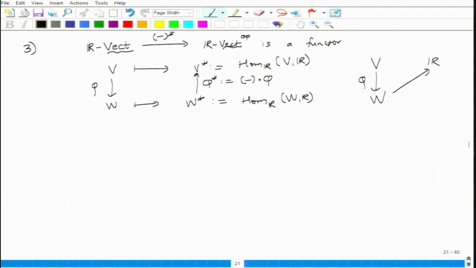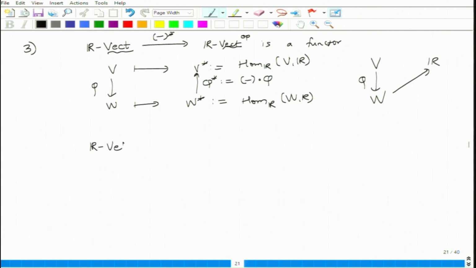So I am going to compose this functor with another copy of itself, which I can always do. Dual is a functor from R vec to R vec op, or equivalently R vec op to R vec. Doesn't matter where I put op, there should be at least exactly one op. Okay, so therefore double dual is valid, and I am going to write this now.